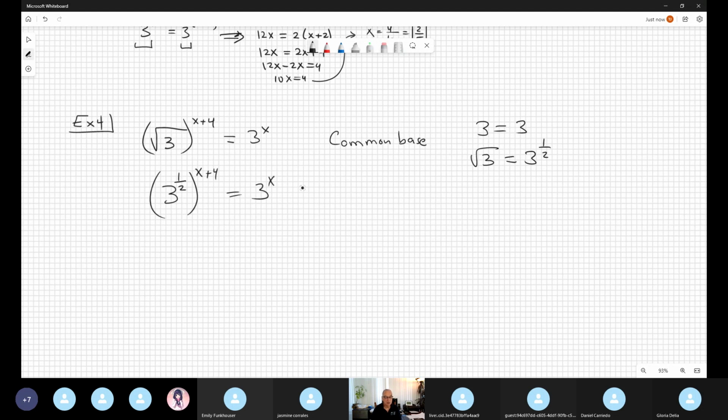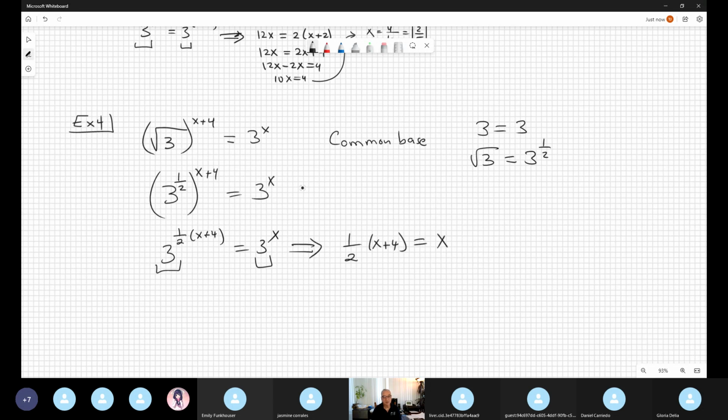Now again we apply the property for the exponent, multiplication. It is 3 to the 1/2 times x plus 4, equal to 3 to the x. Okay, super. Same base, same exponential, therefore the expressions of the exponents are the same.